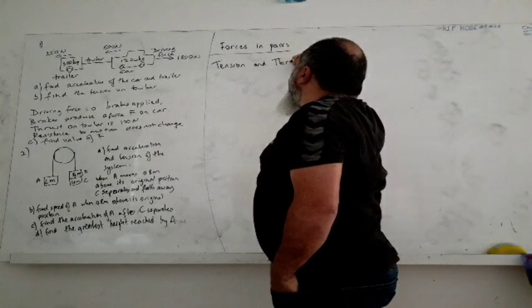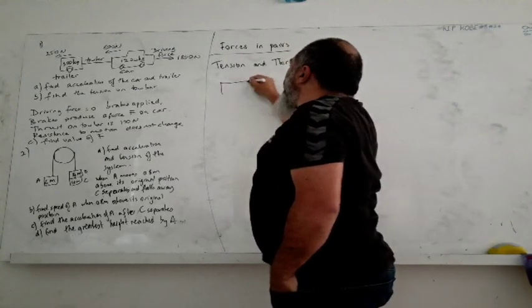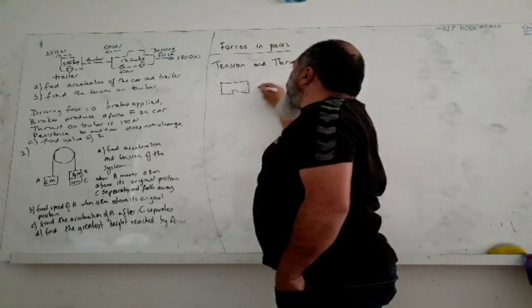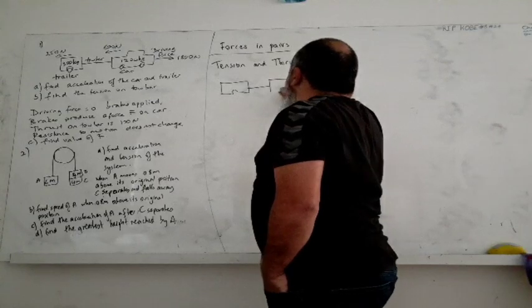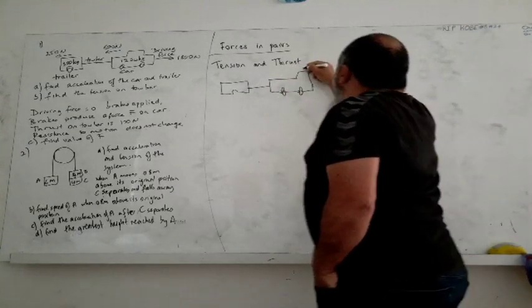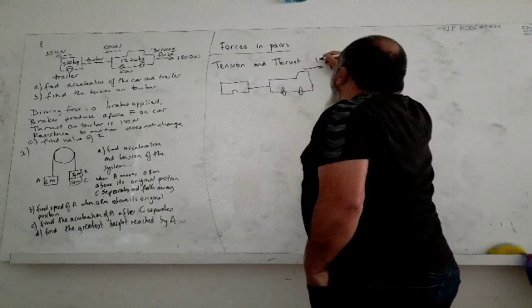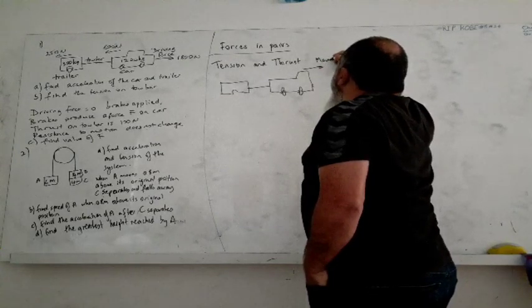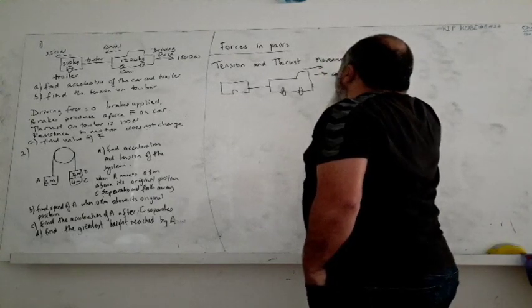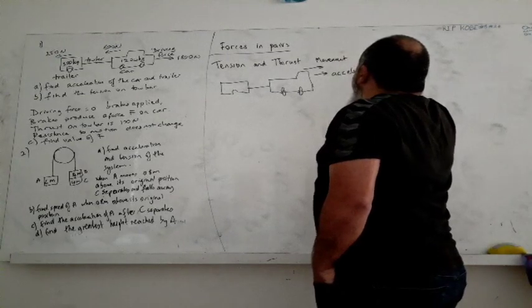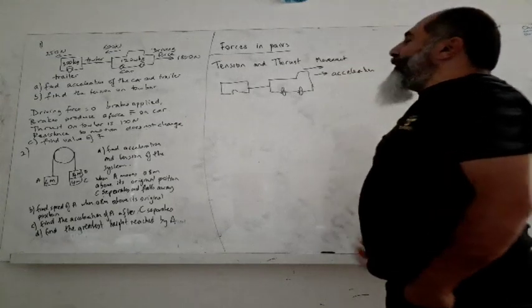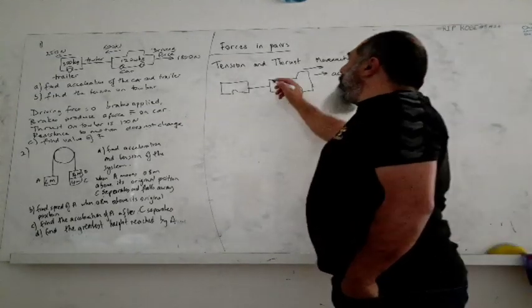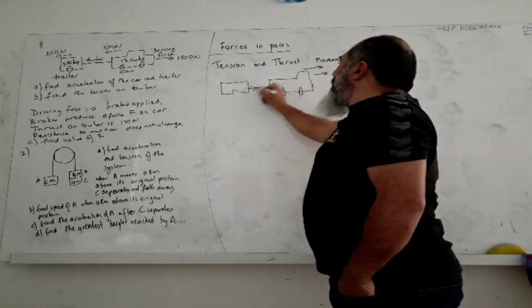If we have a trailer here and a car, and this is the direction of movement, and acceleration is in the same direction as movement, that means we have tension.